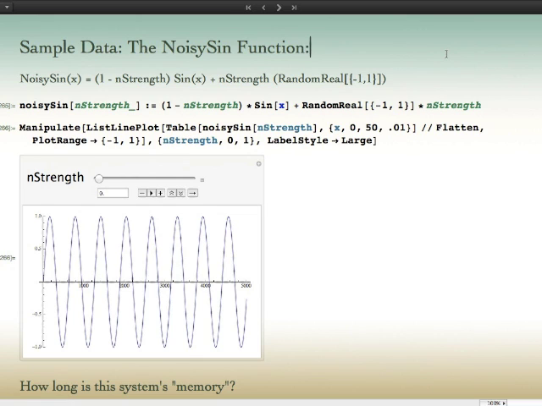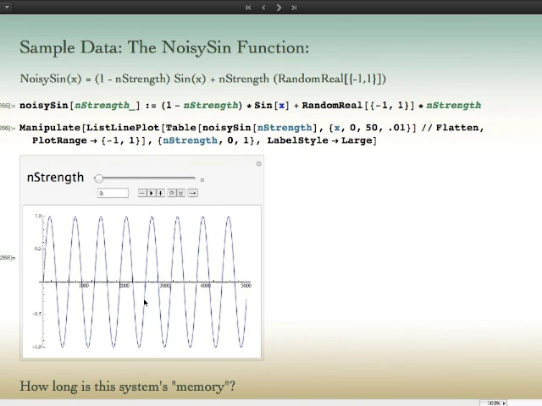And end strength is the strength of the noise. So you can see here we have the amplitude of the sine wave dropping the stronger the strength gets. And here is our random kicks that we're giving to our system. Instead of just a normal sine wave, it's going to be a sine wave plus or minus some random number we're going to draw between -1 and 1 multiplied by the strength.